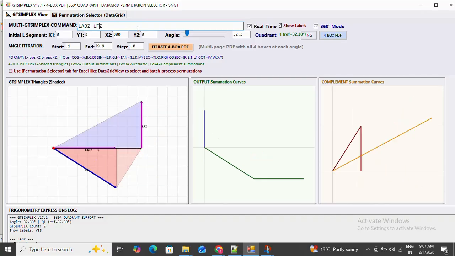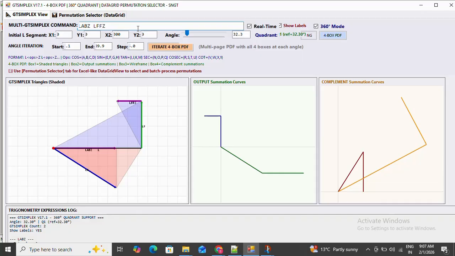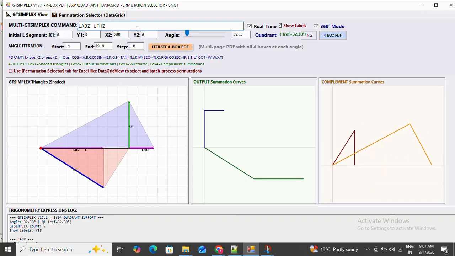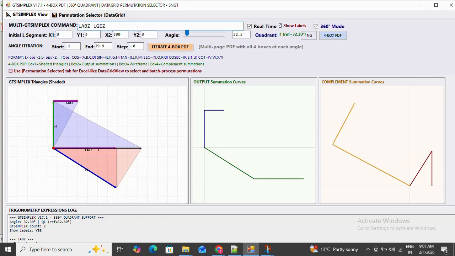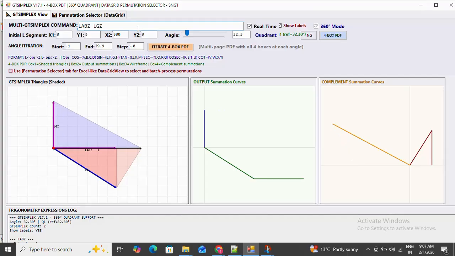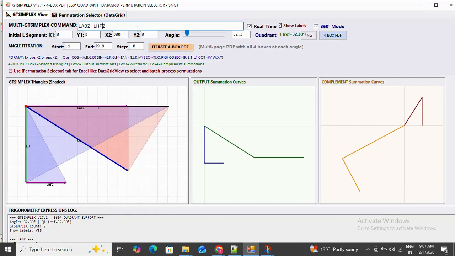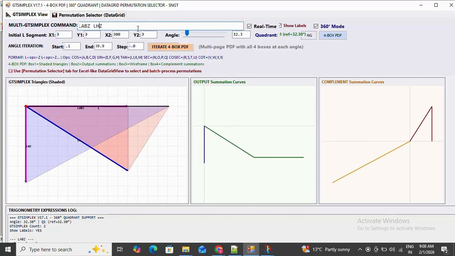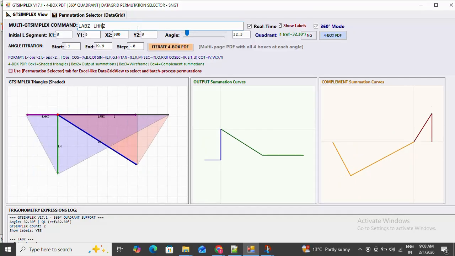In the same way, if we consider LFE, FF, FG, FH, GE, GF, GG, GH, HE, HF, HG, HH, then we can see that HH is overlapping and on the opposite side, and if we take these one after another, then the total L will come out, and LABZ and LHHZ are overlapping and end to end fit.